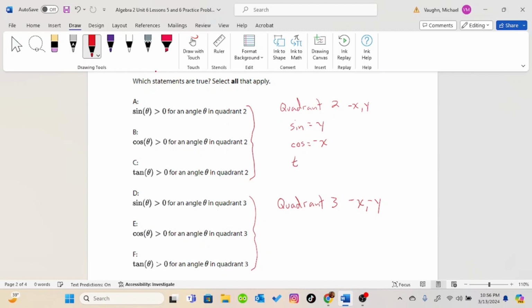And tangent equals y over negative x, so it is negative. So as we read, A says sine is greater than 0, which means sine is positive. Sine is positive y, so A is correct.